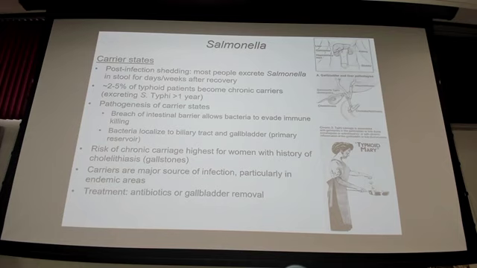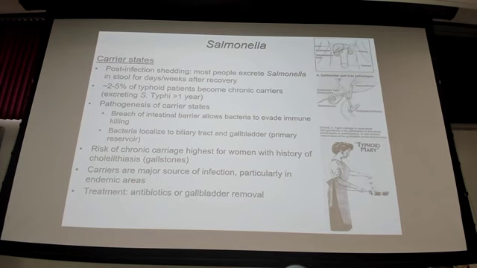And there are risk factors associated with which types of patients will go on to become carriers of typhoid. Women with a history of gallstones, those are the main ones, and older people as well. But you can contract typhoid fever as a kid and become a carrier as well. That's very possible.